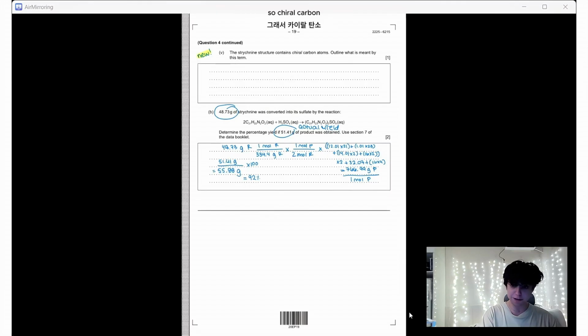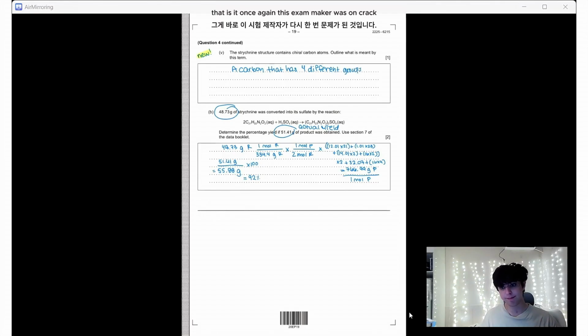But anyways, chiral carbon literally just means a carbon that has 4 different groups. That is it. Once again, this exam maker was on crack whenever he was making this, because they put way too many lines for the majority of these questions. But yeah, so that is that one.